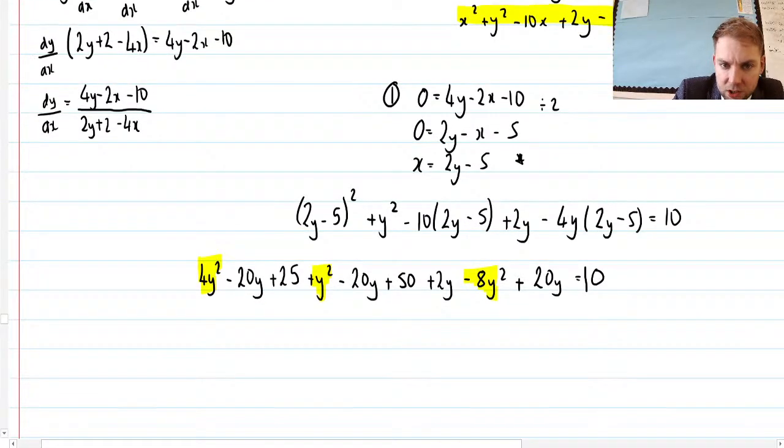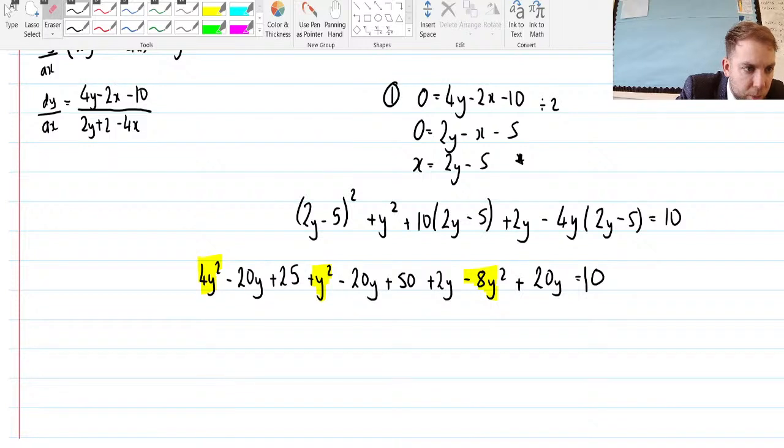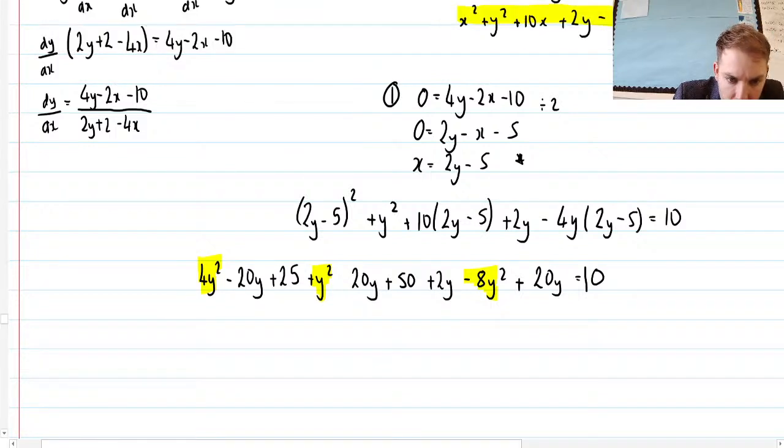So I'm just going to change that. So that's plus 10x, and that is plus 10x, which means that this is going to be plus 20y, and this here is equal to minus 50.